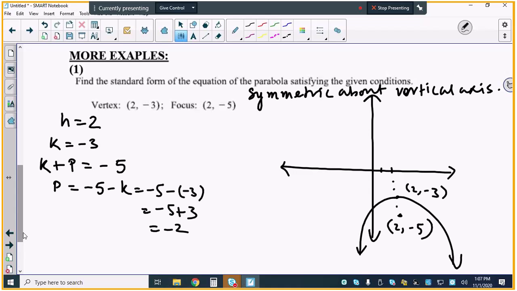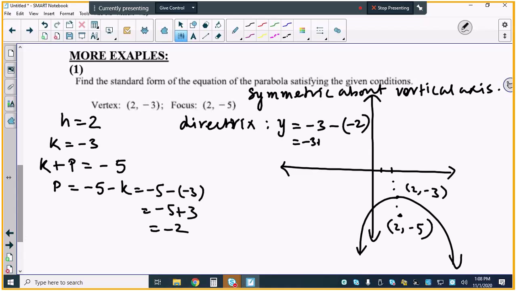And the directrix, well, we know that the directrix is going to be, again, I'm changing the y coordinate only, and I'm saying this is going to be y equal to, because this is going to be a horizontal line. The k coordinate or the y coordinate of the vertex, which is -3, and this time you're supposed to subtract the focal distance or p.